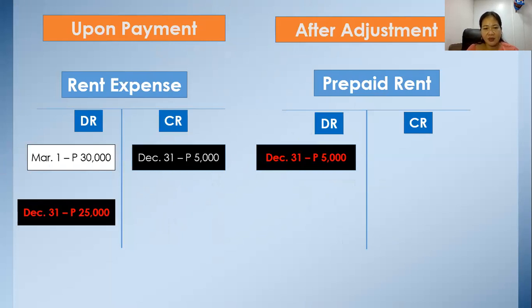So now your rental expense and your prepaid rent are separated. Rental expense is an expense account and prepaid rent is an asset account. So the mixed account, which was previously the rent expense, will now be split. It has a remaining 25,000 and a new account will be the prepaid rent, 5,000.